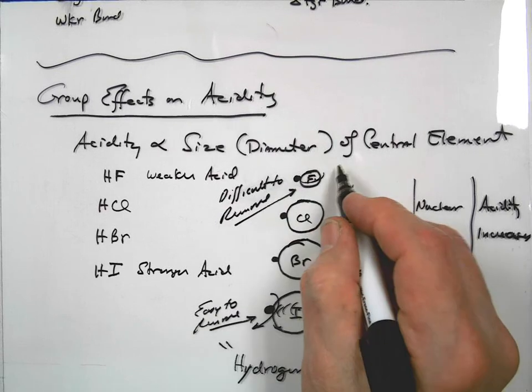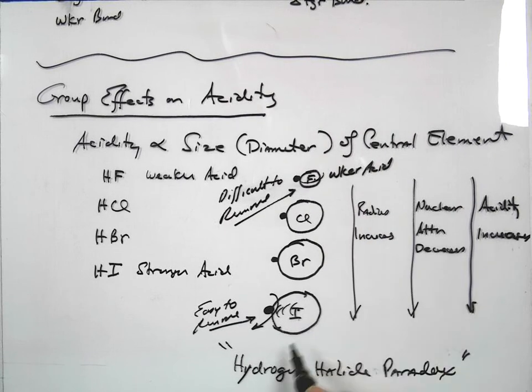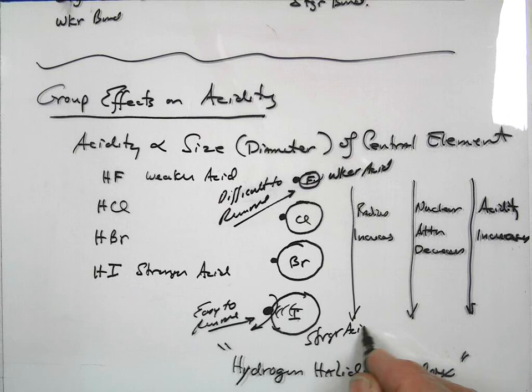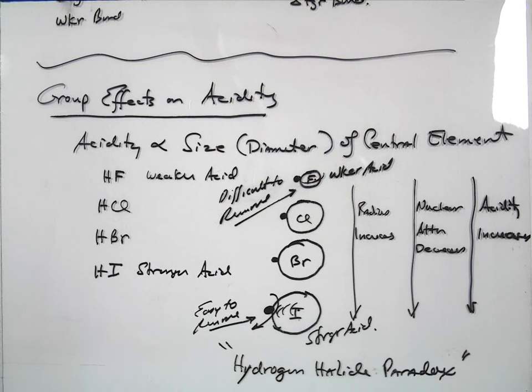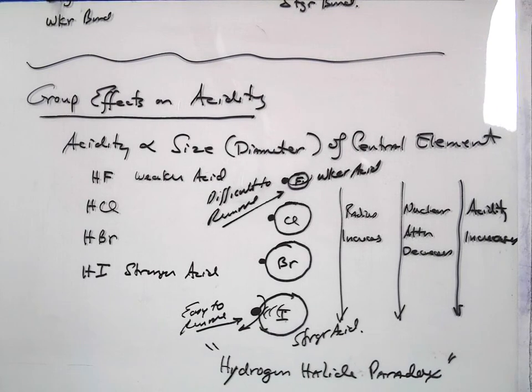And so this would be a weaker acid as compared to the hydrogen iodide, the stronger acid. So that's a classic series, and I just want to share that with you in terms of its nature and how it goes.